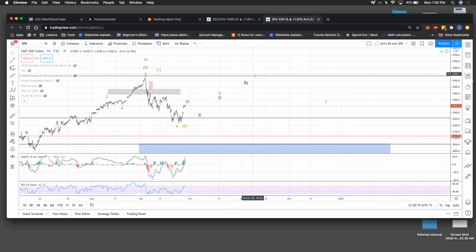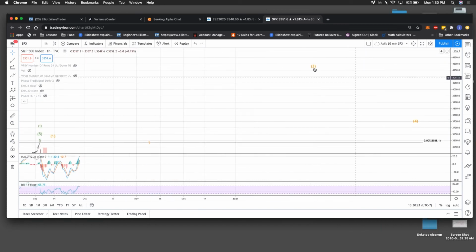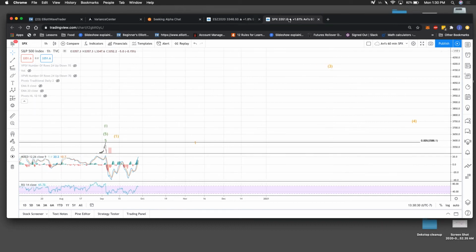We would have the 1, 2, and then we should head up in the wave 3, at least up to the 4,000 region, but 4,000 to 4,200 at that point would be the target for wave 3 of 3. So that's what we have for the SPX and for the E-mini S&P.